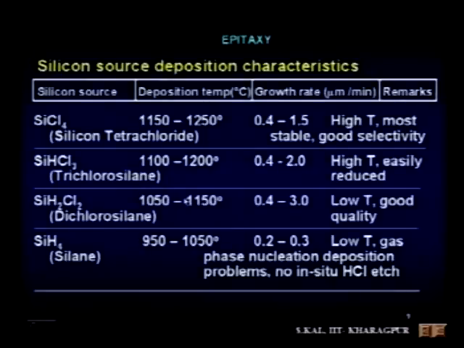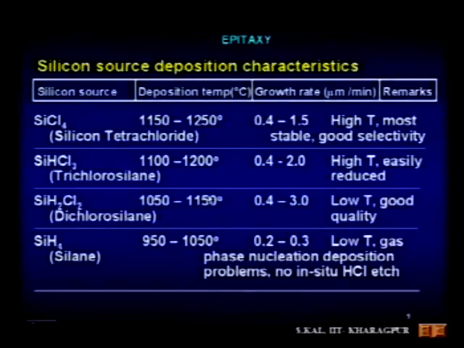Here the reaction temperature is 1050 to 1150 degrees centigrade, and growth rate is 0.4 to 3 micron per minute, still higher than the SiHCl3 reaction, and the temperature is low compared to the SiCl4 and trichlorosilane reactions. It is low temperature and good quality. That is why the dichlorosilane reaction is also a popular reaction in the VPE process.